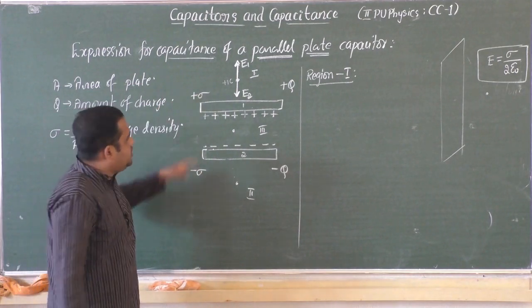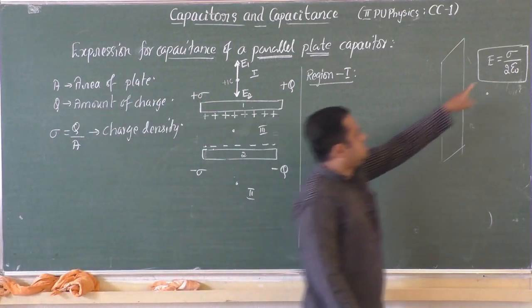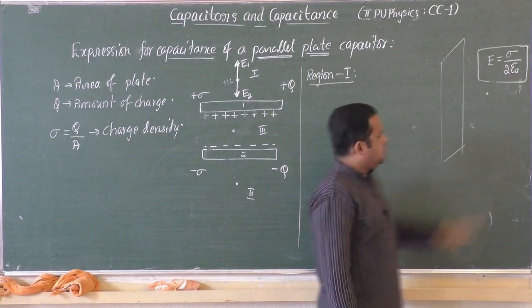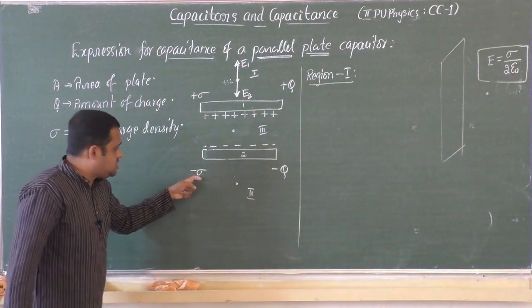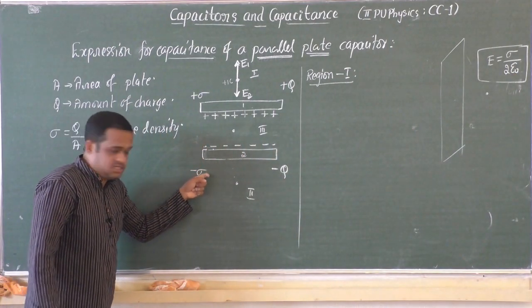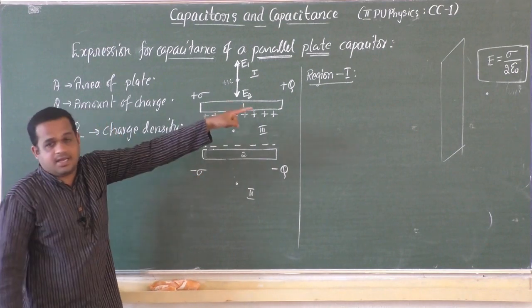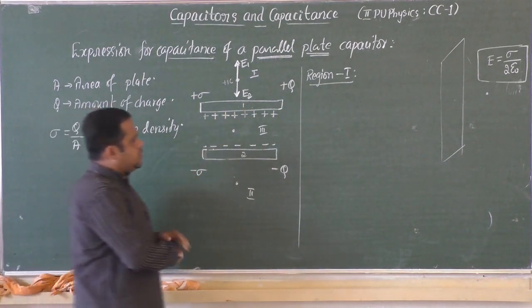Sigma is the charge density. So electric field due to the first plate can be written as sigma divided by 2 epsilon naught. Charge density in the second plate is minus sigma, therefore electric field can be written as minus sigma divided by 2 epsilon naught.